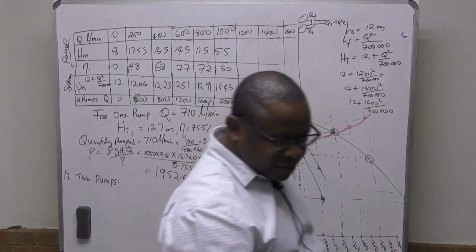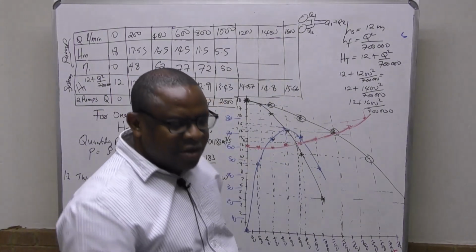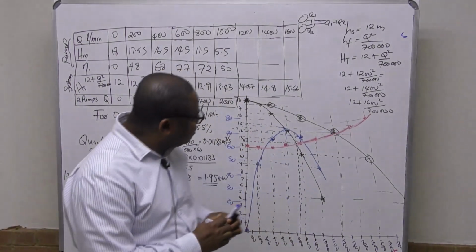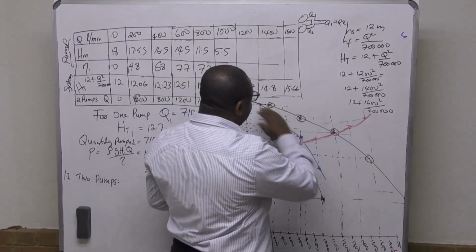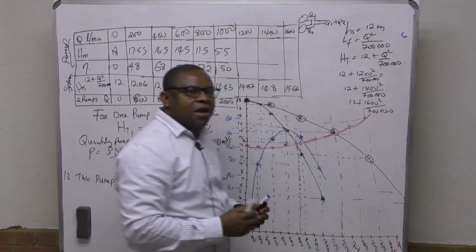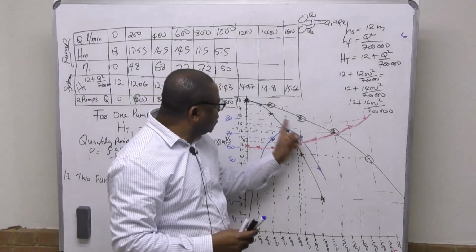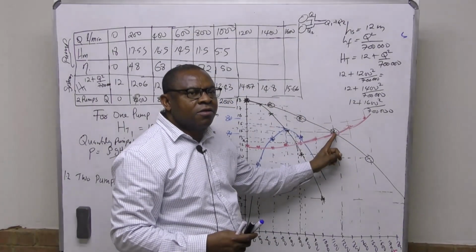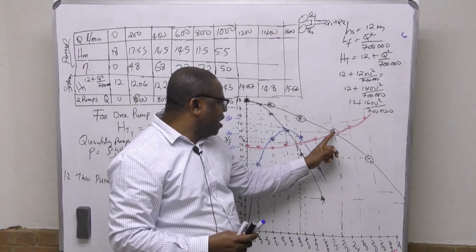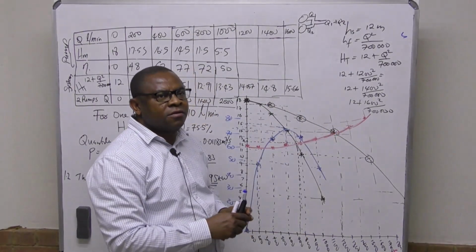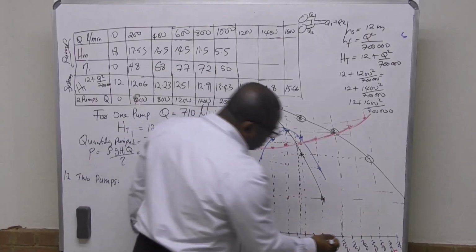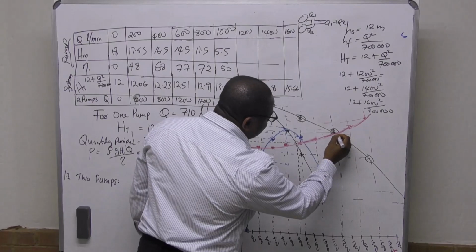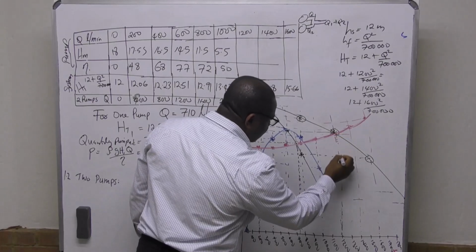You get that? If you get your system curve, this is our system curve, and this is for 2 pumps. We're just going to look at where this intersects with that, so that you get the flow and the head. If you see, around here is where you have the intersection.